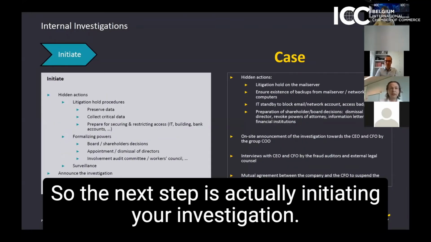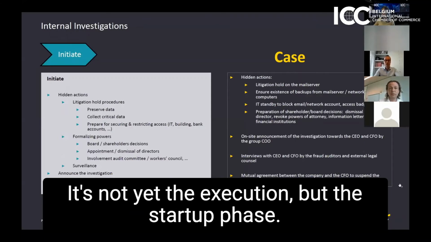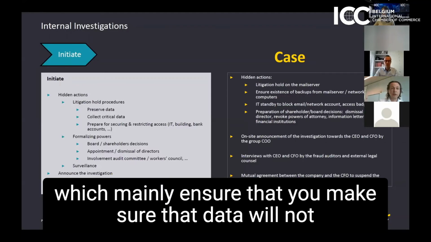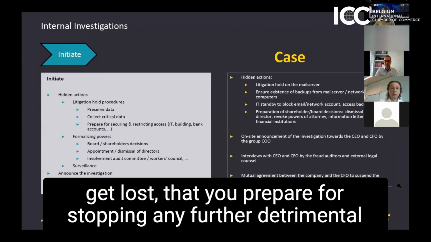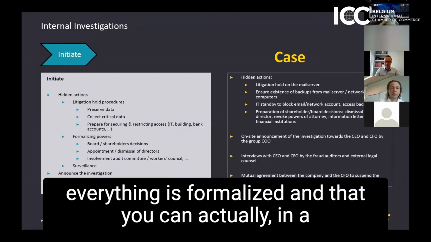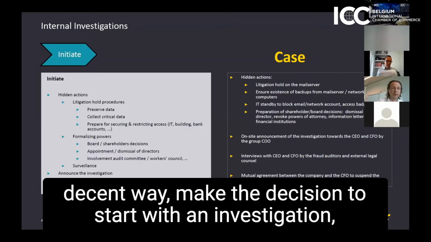So the next step is actually initiating your investigation. It's not yet the execution, but the startup phase. Within a startup phase, you typically have some hidden actions, which mainly ensure that data will not get lost, that you prepare for stopping any further detrimental actions, and that when starting your investigation, everything is formalized and that you can, in a decent way, make the decision to start with an investigation.